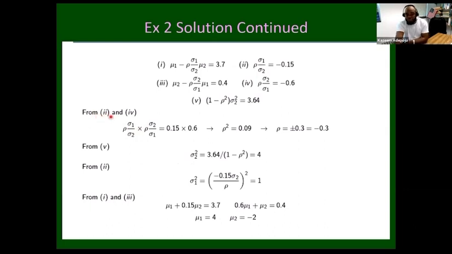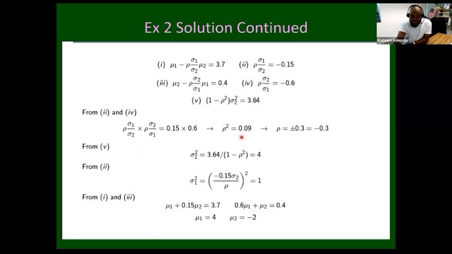If I want to use equations 2 and 4, which is trying to say if I multiply equation 2 by equation 4, I'm going to multiply this by this. That's going to lead to rho squared, because why am I multiplying this and this? So that sigma 1 can cancel sigma 1, and sigma 2 can cancel sigma 2, so that I'm left with rho.